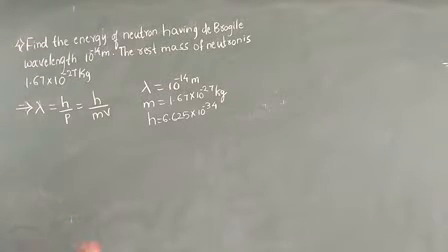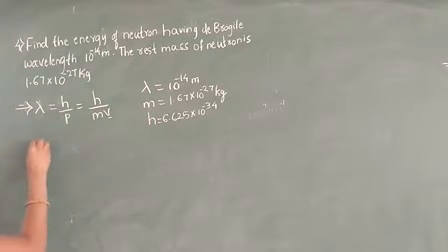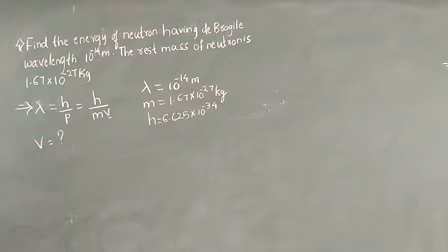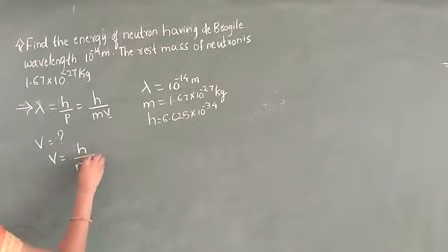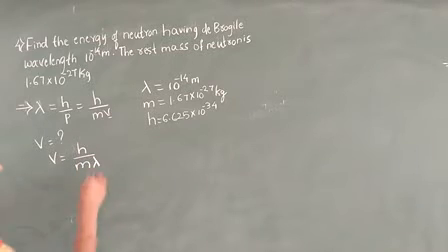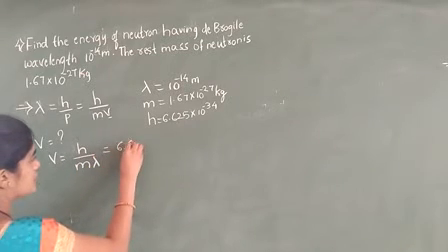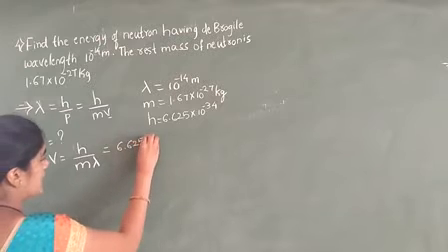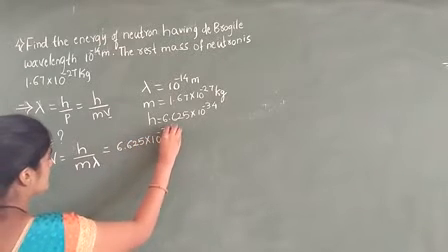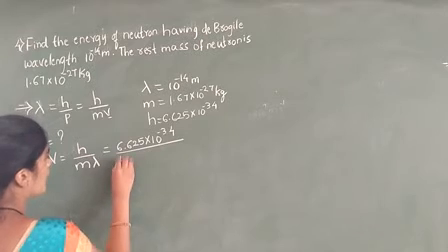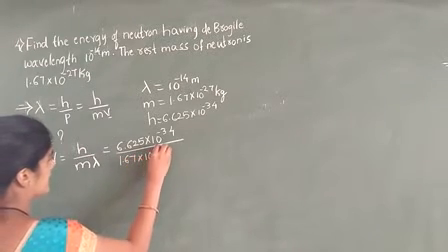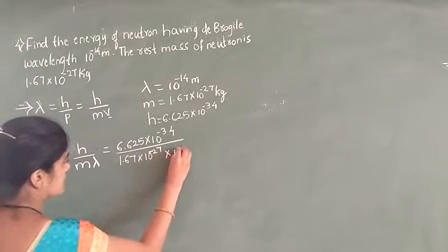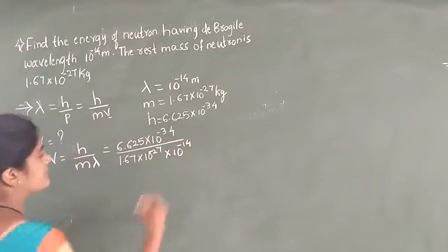Therefore here in this condition we have to find the velocity. V is equal to question mark, because they have not given the value of v. Therefore v is equal to h by m into lambda. Now put all the values. 6.625 into 10 raised to minus 34 by 1.67 into 10 raised to minus 27 into 10 raised to minus 14.